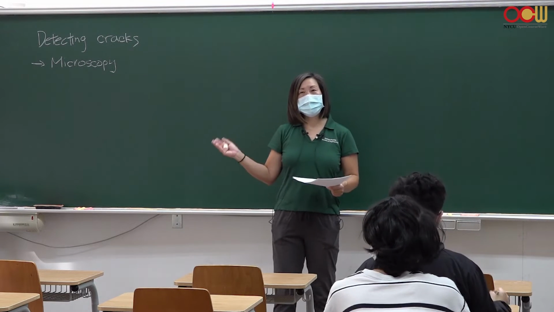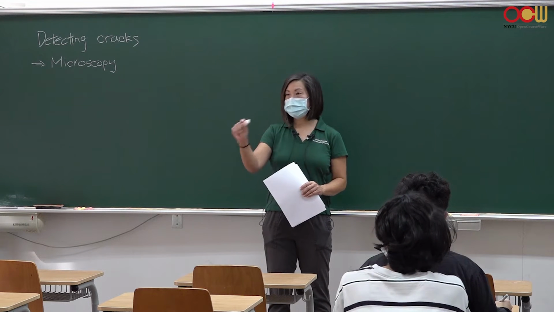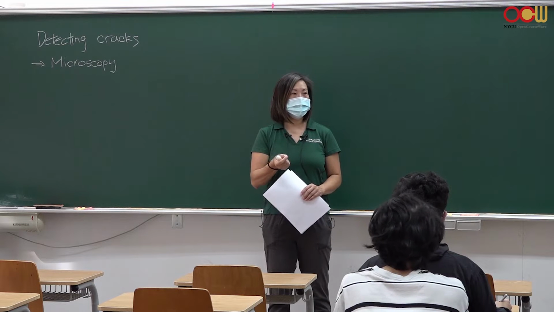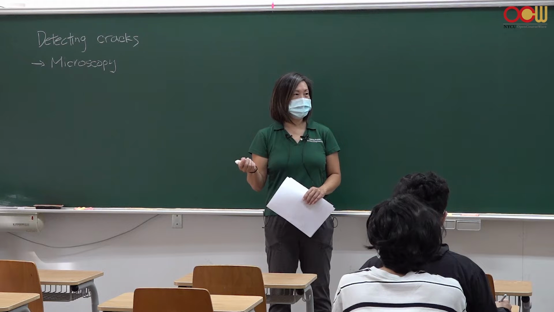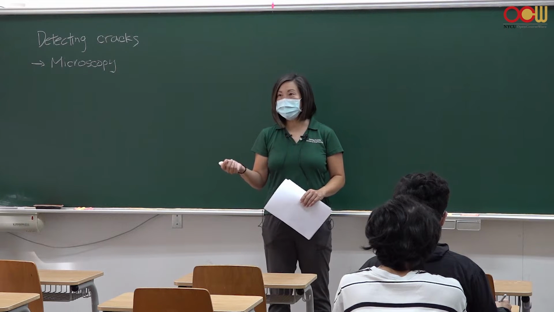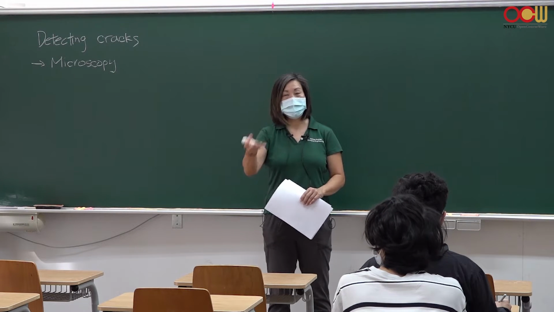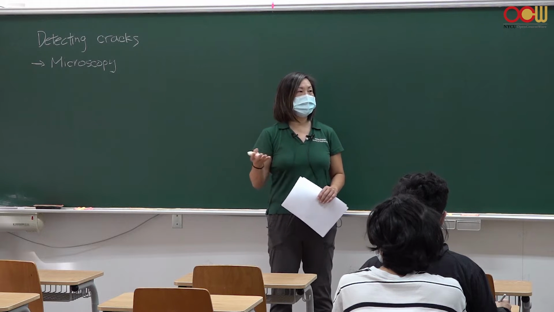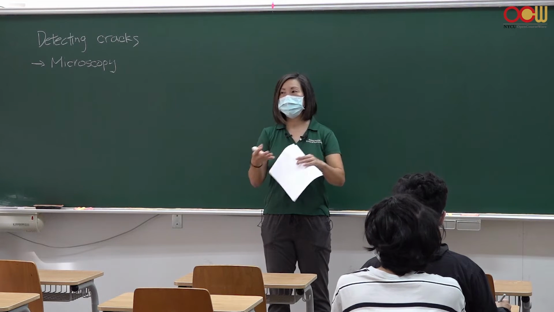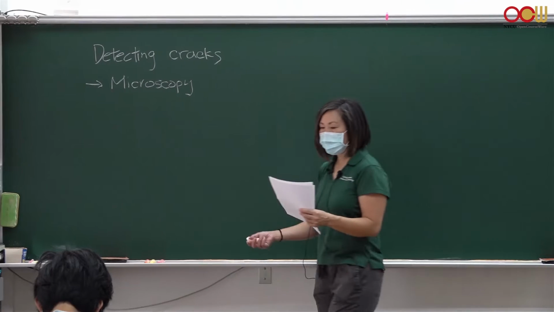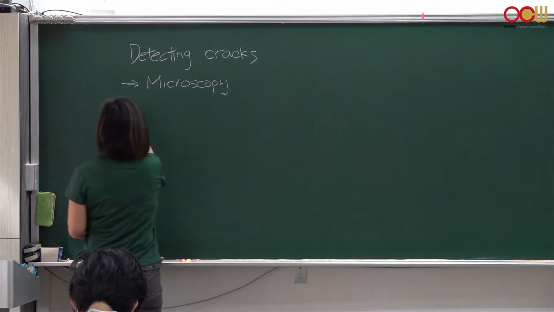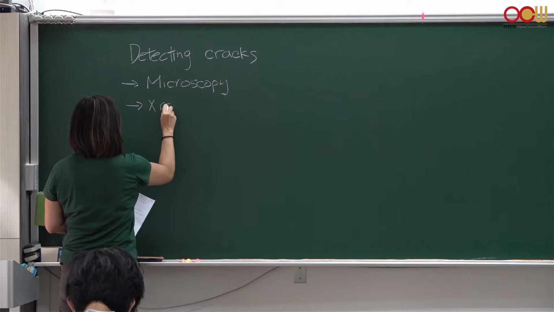So those are fine for materials where you could take a section of it and look at it under the microscope, or sometimes used for post-failure analysis. So something has already failed, you take a section of it throughout the material, and you look at the different pieces under the microscope to see if there's some development of cracks that you didn't expect.